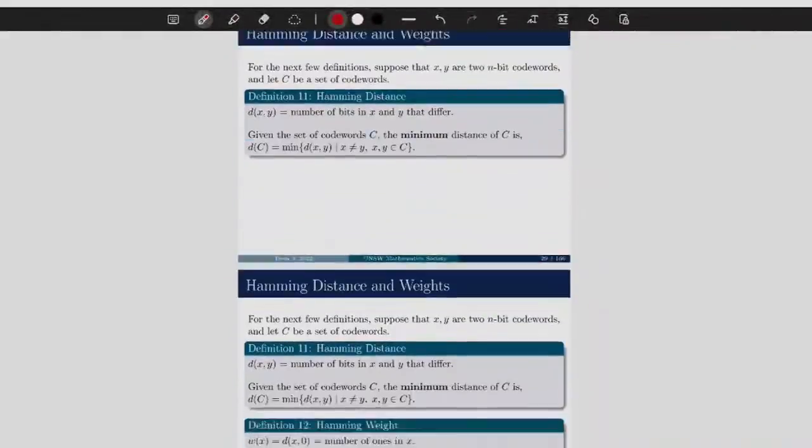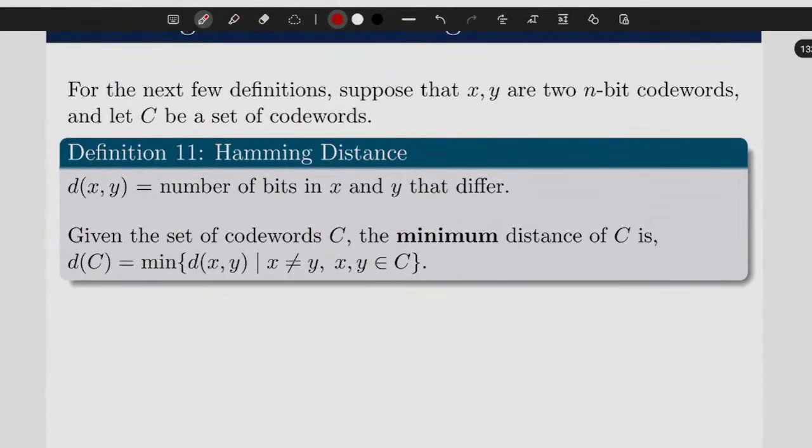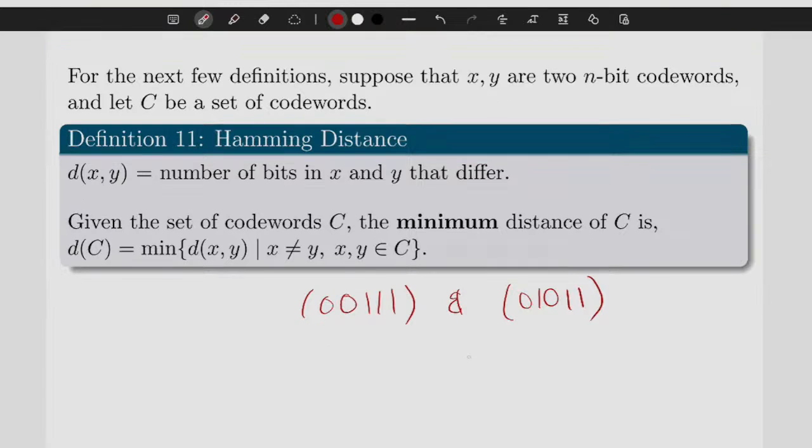So if I could scroll back to where I was, yep, here. The distance is just the number of bits that differ, right? So if I had, say, this and this, we can see the first bits of them are exactly the same, the second bit is different, so I add 1, the third bit is different, add 2, okay.